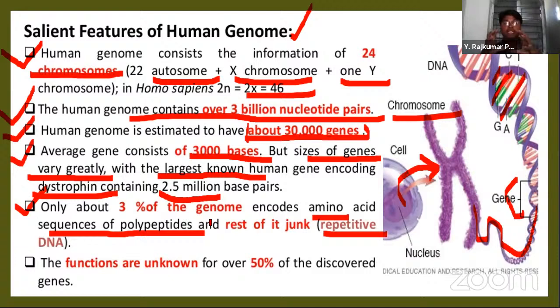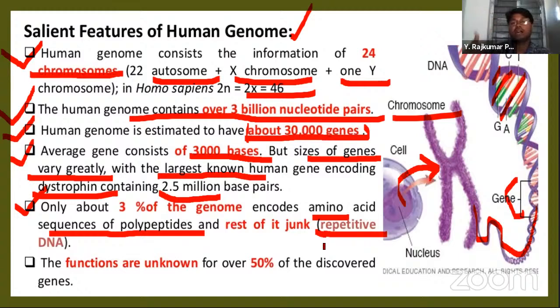Okay, if you observe the sequences of this junk DNA, it has a repetition of the base pairs. They are called variable number tandem repeats, or it is also called RFLPs. In normal English we call it repetitive DNA. What is repeating here? The base pairs are repeating.